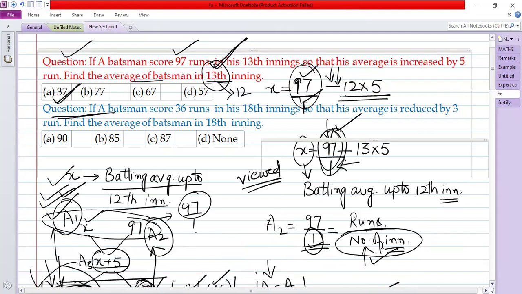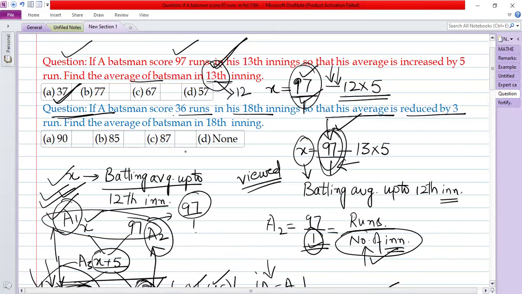So here the score was 36 runs in the last match, due to which the average is reduced by 3 runs, and we have to find the batting average up to the 18th inning.